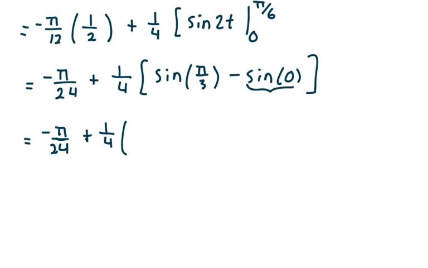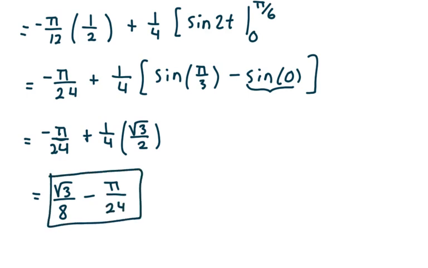Sine of pi over 3 is square root of 3 over 2. So this is square root of 3 over 8, 2 times 4 is 8, minus pi divided by 24. And that's how we do problem number 2.